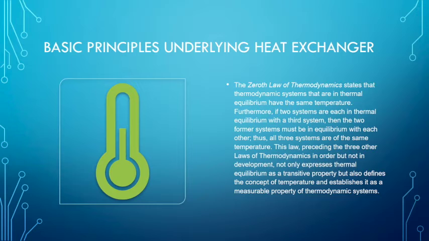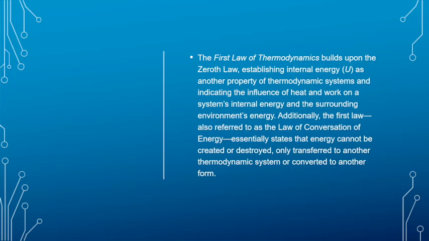This law, preceding the three other laws of thermodynamics in order but not in development, not only expresses thermal equilibrium as a transitive property but also defines the concept of temperature and establishes it as a measurable property of thermodynamic system.